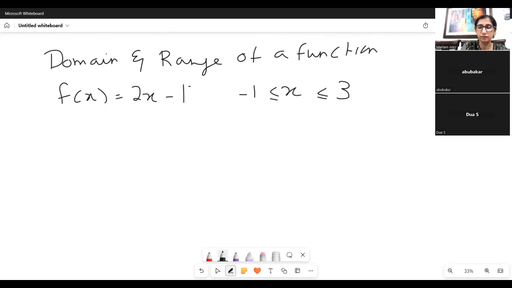Now these are the allowed input values of this function, and this is called the domain of f(x).